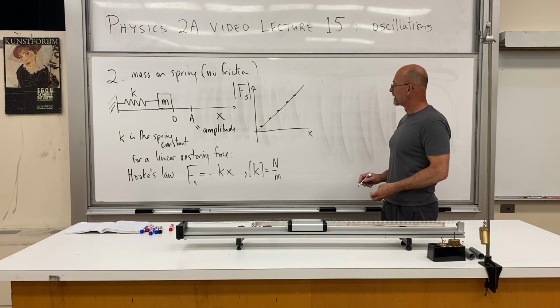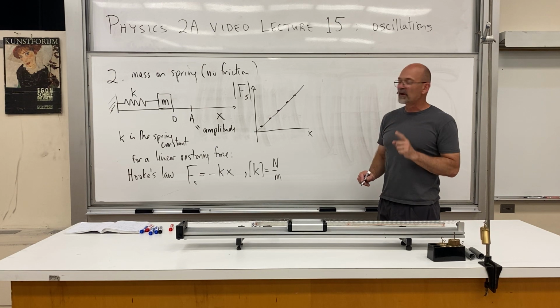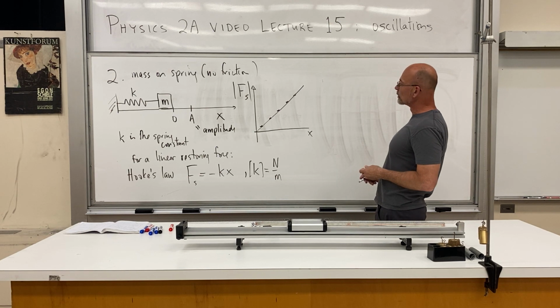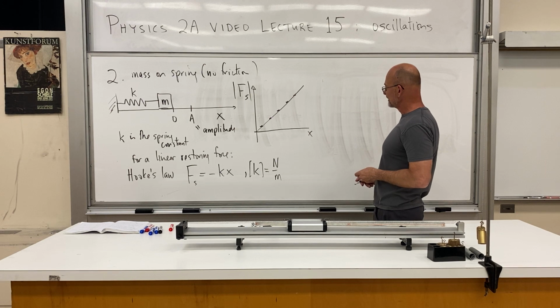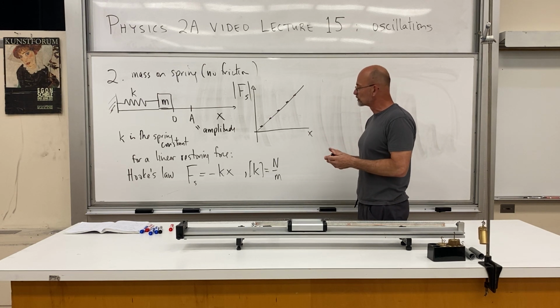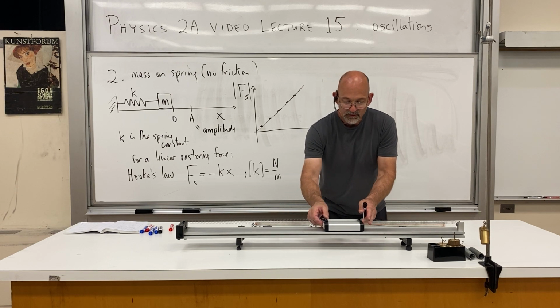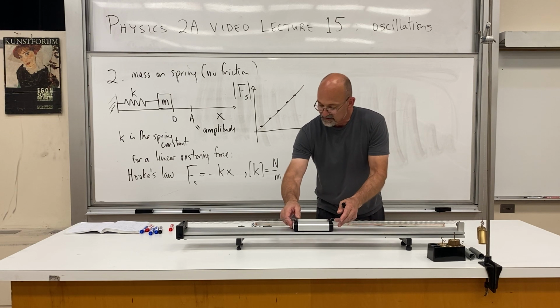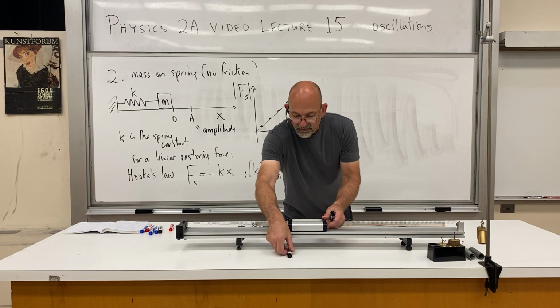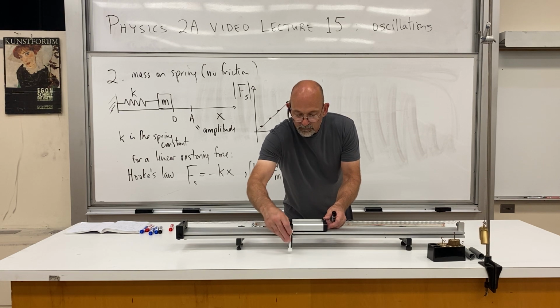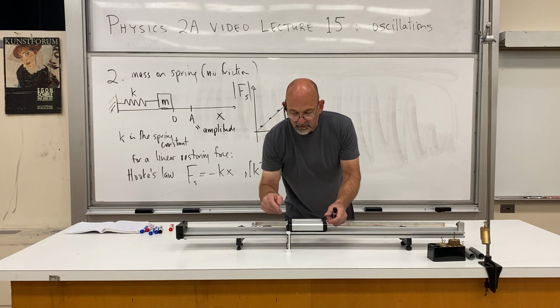Okay. And we have one more point that we're reviewing, and that is the fact that when we stretch this system, I pull this out to the amplitude, let's call that the amplitude. Okay, let's go ahead and we'll set this as my 0 right here, this marker. There's my 0.